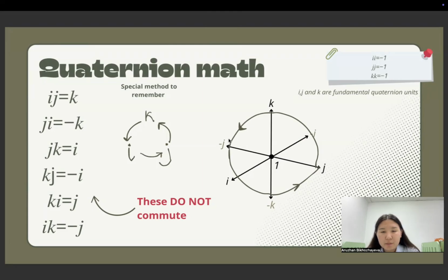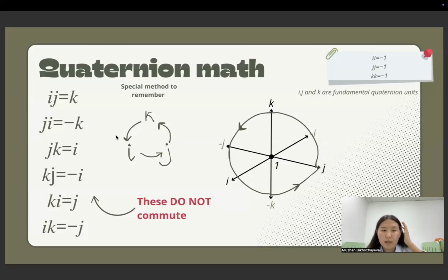According to Hamilton's famous expression, there is a relationship between i, j, and k. This is the definition of quaternion multiplication. And there exists a special right-hand rule that helps to understand this relation. But it's really hard to remember, so I have the easiest way to remember this multiplication rule. Just imagine that you have i, j, and k, three imaginary units, arranged in a circle, from i goes to j, from j goes to k.